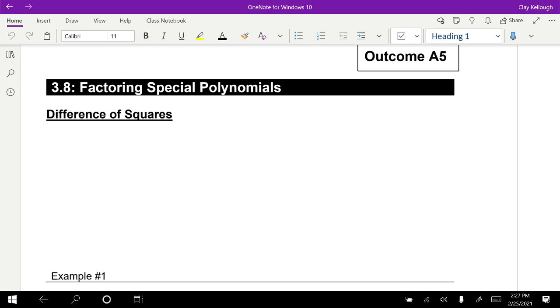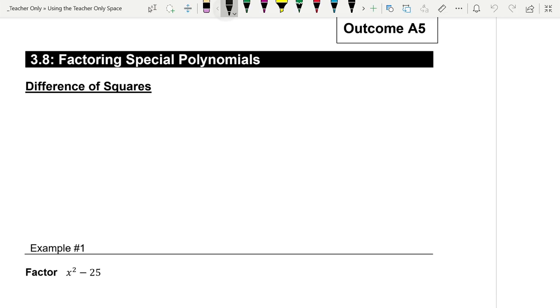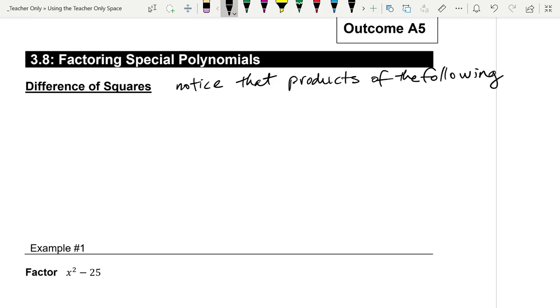How about, notice, oh, let me turn on the pen. Notice that products of the following, hang on, I'm going to move this.